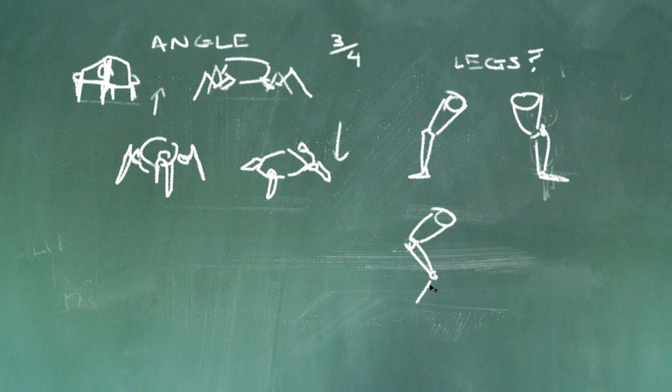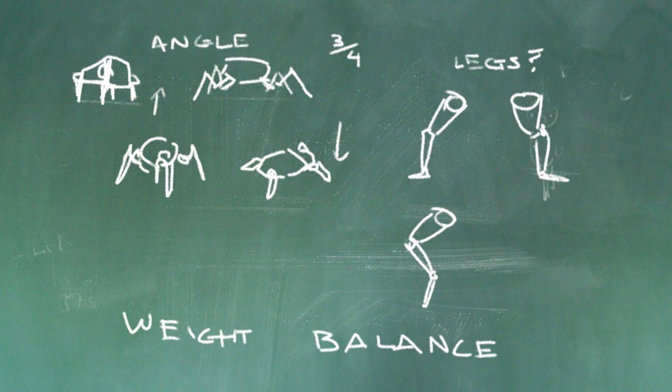But the thing you want to think about when you're doing legs like this is the weight and balance that they're on. So you can see that first one I did right below the top one. It felt like it didn't have much weight on it. So the second one is more coiled up, and that makes it feel more weighty, and it just feels better when you're doing industrial design to feel like it really has that metal, that strong weight on a leg.